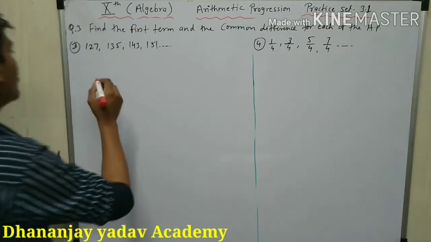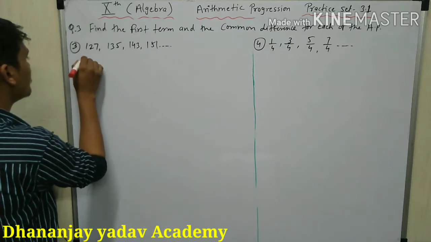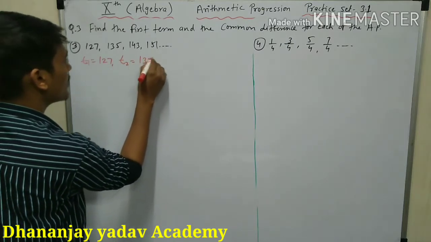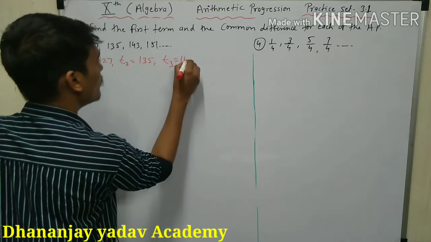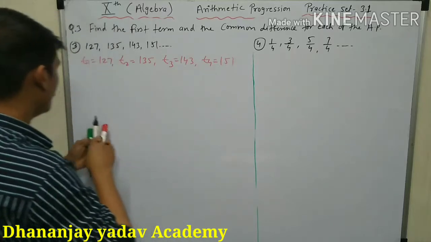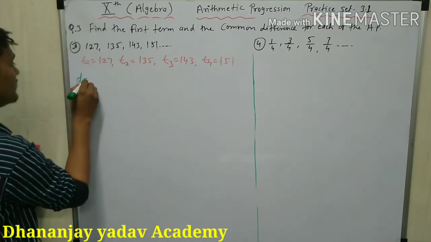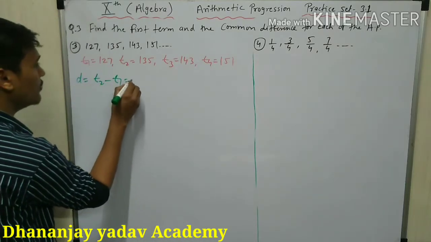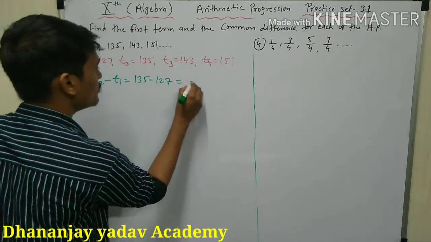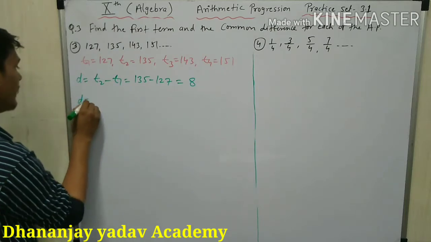Now question number 3. You can write here T1 is equal to 127, T2 is equal to 135, T3 is equal to 143 and T4 is equal to 151. Find out the common difference. D is equal to T2 minus T1, which is 135 minus 127 is equal to 8.